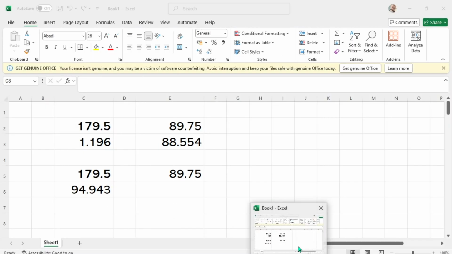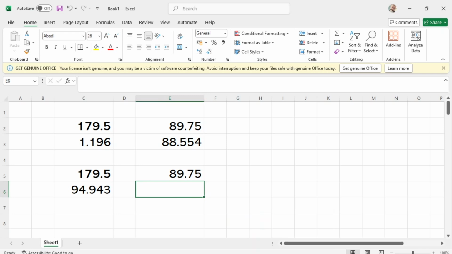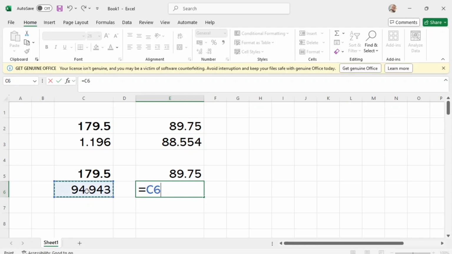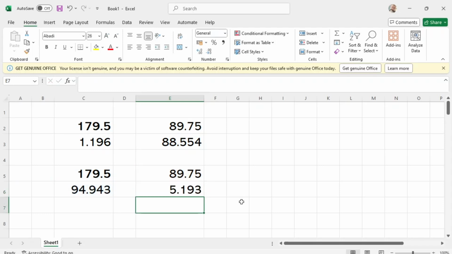So equals minus your 1/2 of 179.5. The answer would be 5.193.